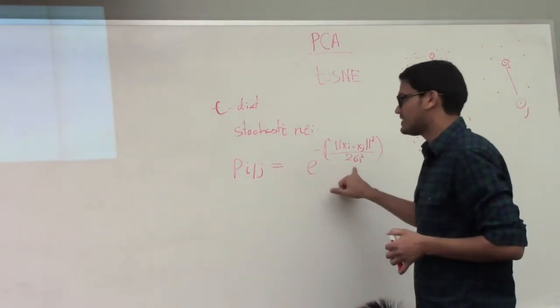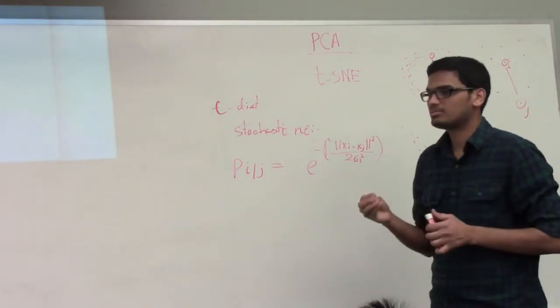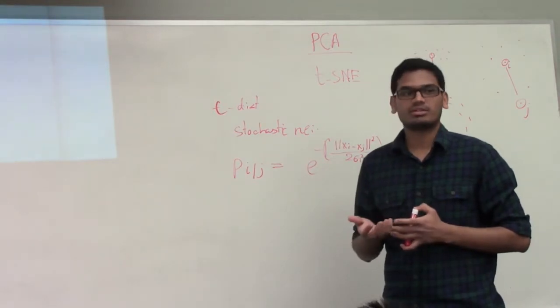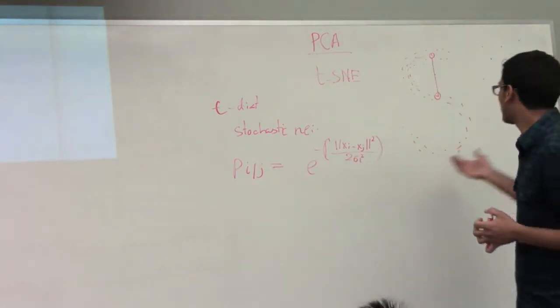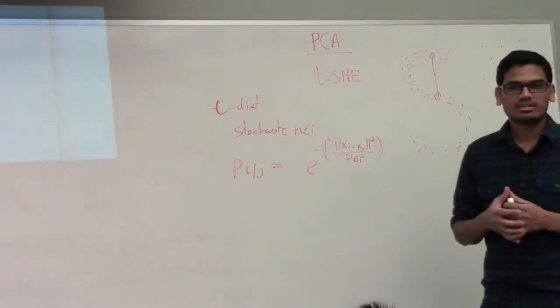Sigma_i changes according to what Gaussian center you have picked.